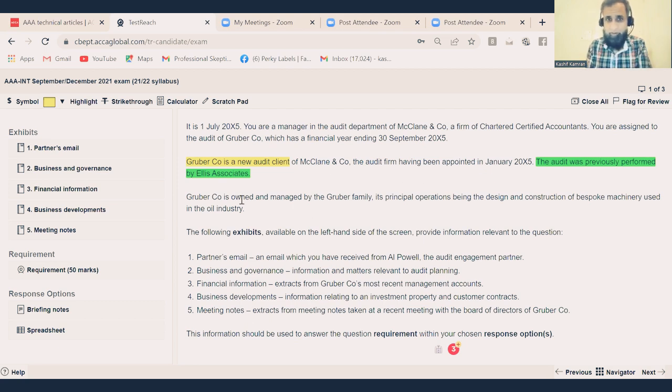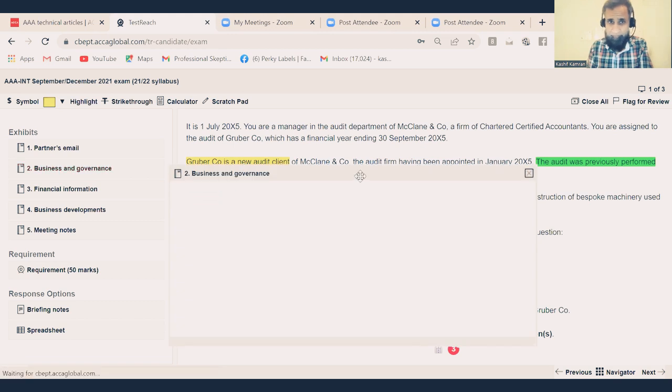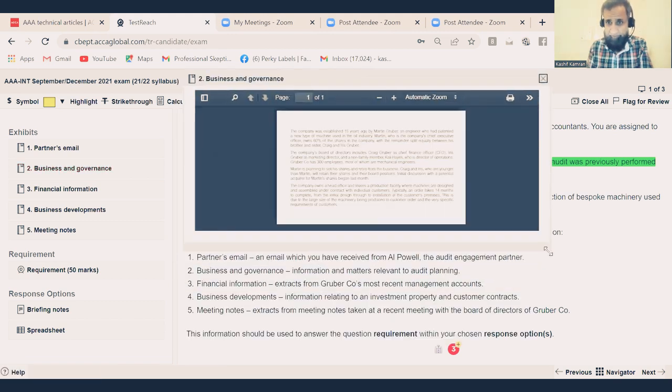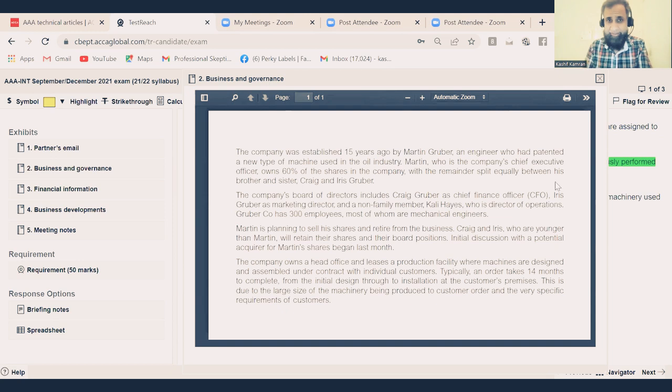Further information, Grubber is owned and managed by Grubber family. So it's not a listed company, it's a family-based business, and its principal operation means design and construction of the bespoke machinery. Okay, now we open up the second exhibit, business and governance. Now, the second exhibit tells us the company was established 15 years ago by Martin, an engineer who had patented a new type of machine used in the oil industry.